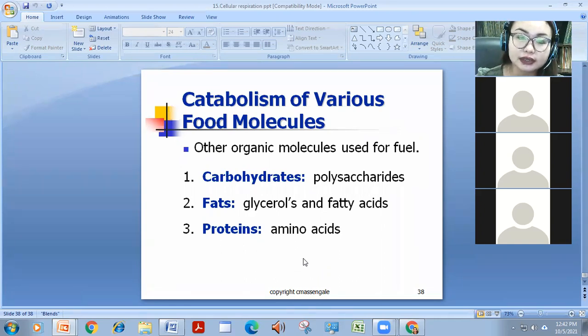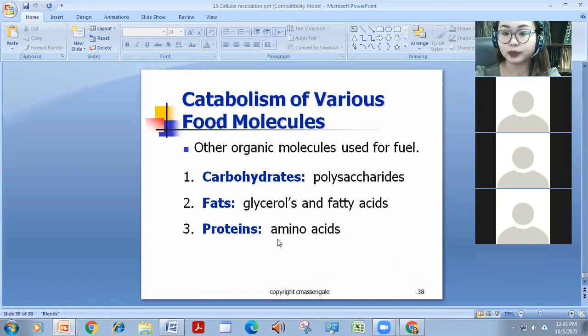So to do this, the process of respiration is being done by our body and by all organisms, to provide our ATP every time.